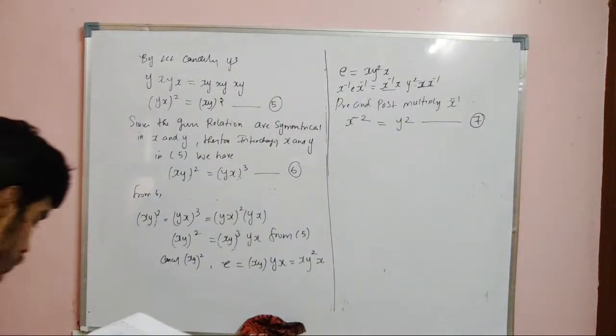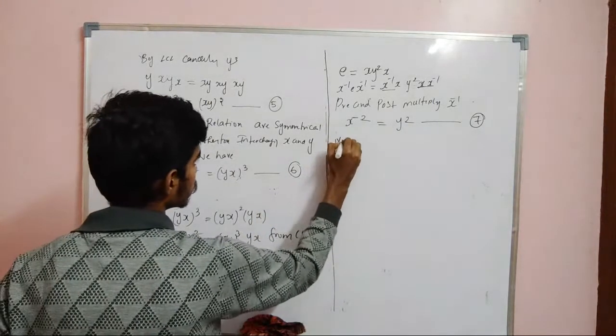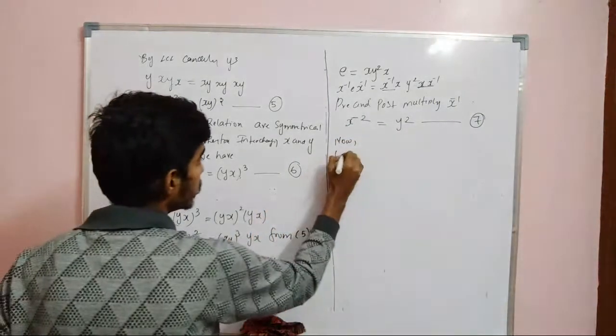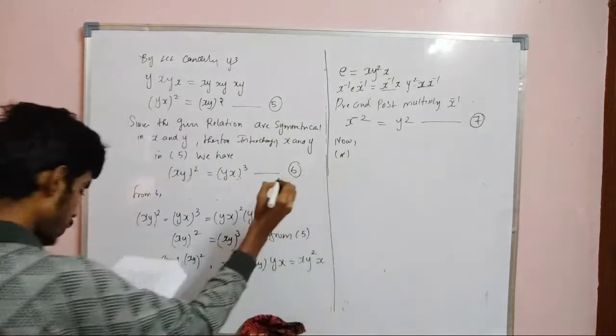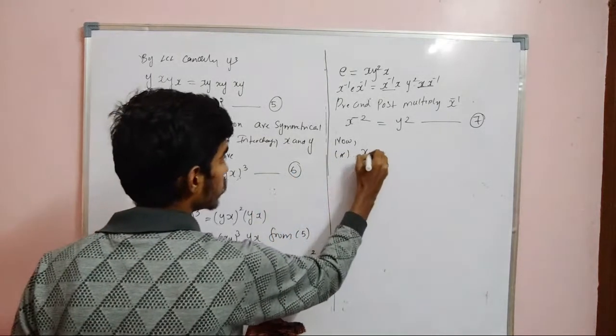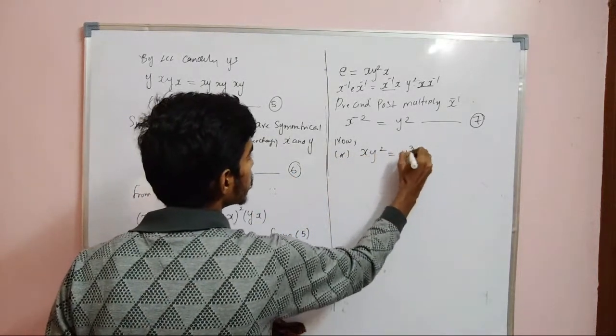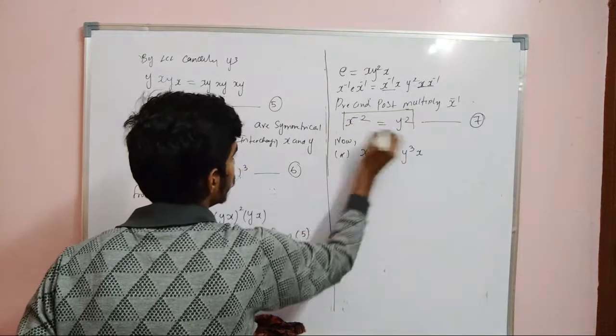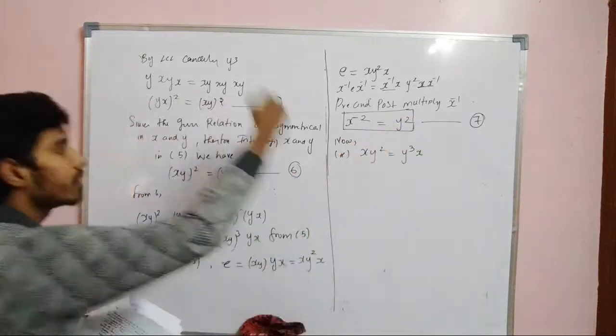Okay. Now what are the conditions they have given? They have given two conditions. The first condition is x y square is equal to y cube x. For this condition only we have worked so hard.